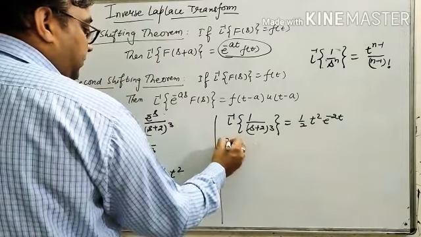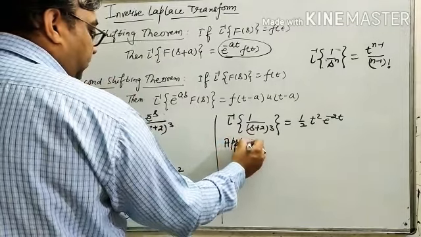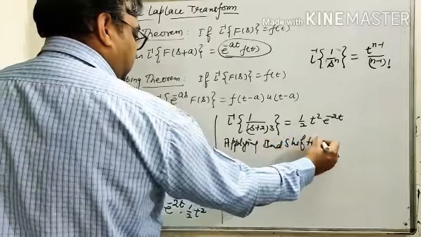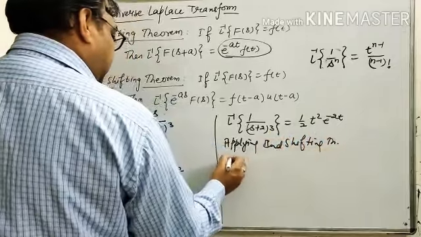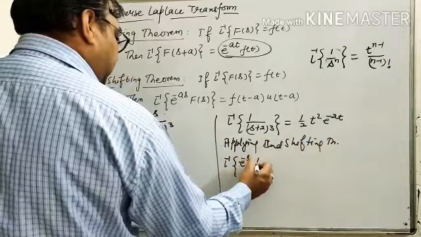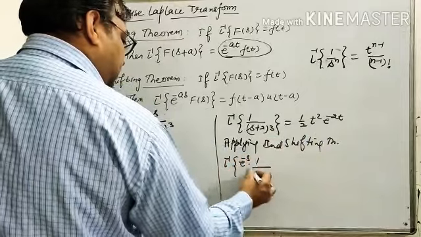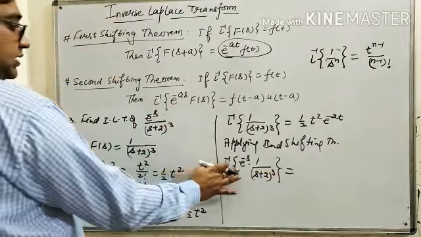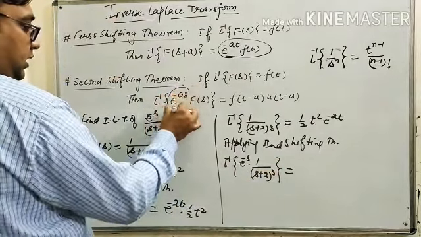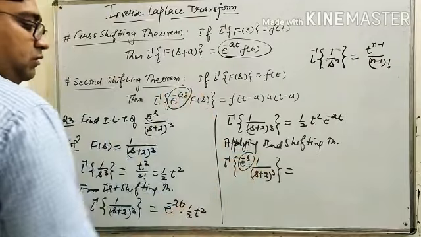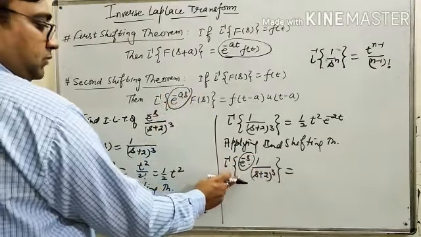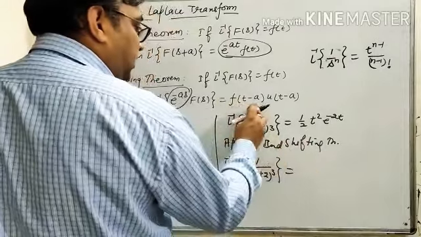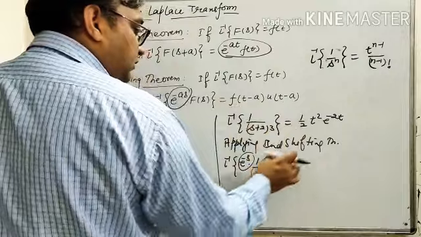So applying second shifting theorem, inverse Laplace of e^(-s) into 1 upon (s+2)^3. In this particular condition, on comparing e^(-as) to e^(-s), we get a equals 1. So we can write it as f(t-a) u(t-a).